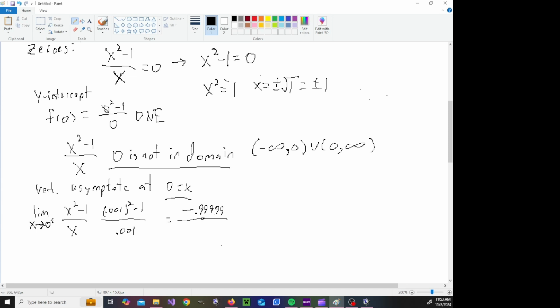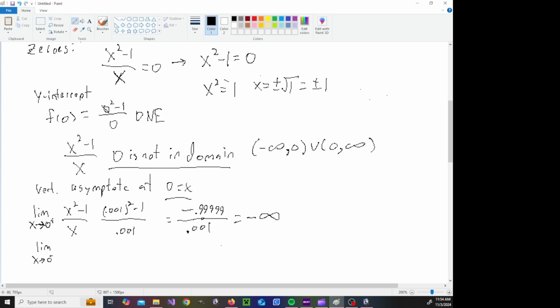So really close to negative 1 over something really small but positive. So all of these numbers are going to be negative, but I'm dividing by something that's getting smaller and smaller and smaller, so it's going to turn into something larger and larger and larger, but is still negative. So my limit is going to go to negative infinity. Sorry, that was my right-hand limit.